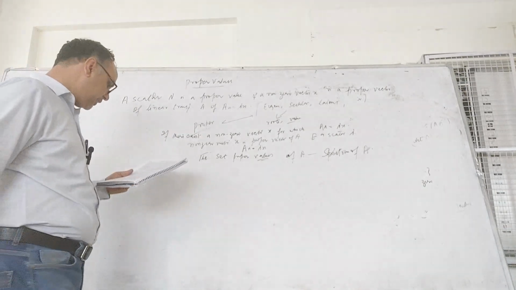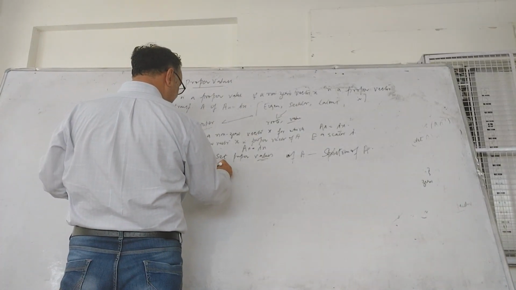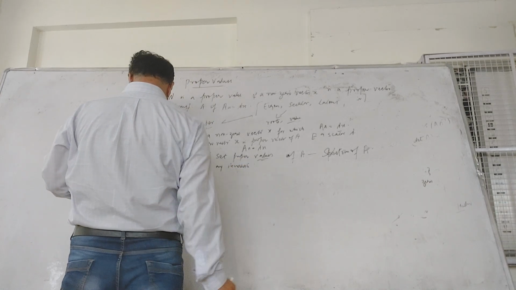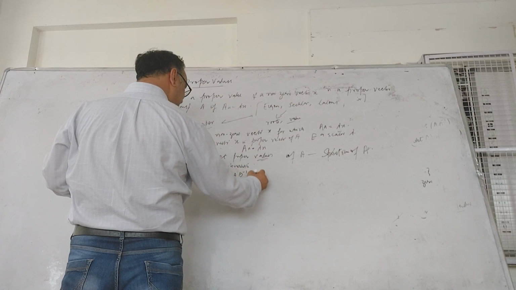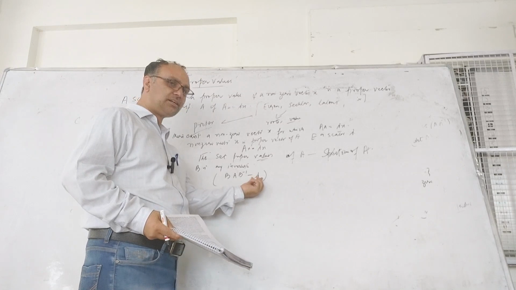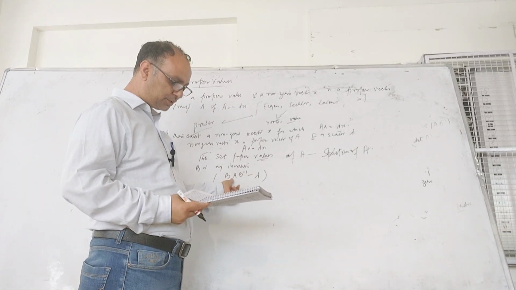So if B is any invertible linear transformation, then consider B inverse minus lambda. It corresponds to that eigenvalue equation the way we previously wrote it.